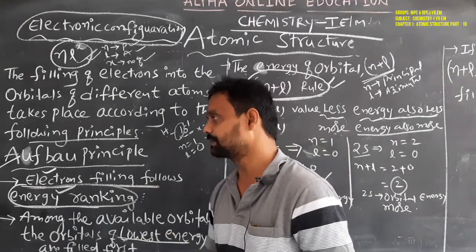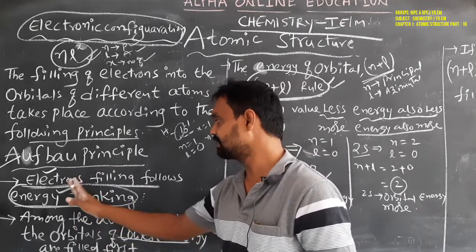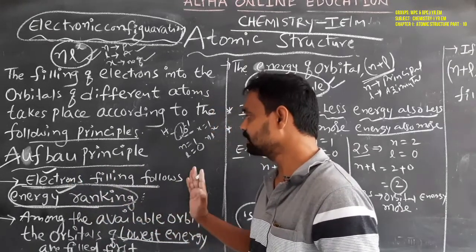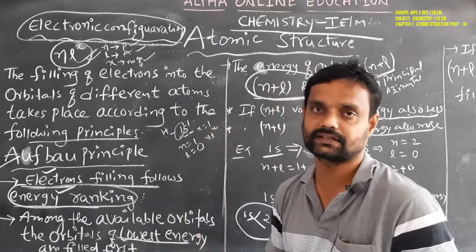First, the Aufbau principle. The main concept in this principle is that electrons fill the orbitals following the energy ranking of orbitals.